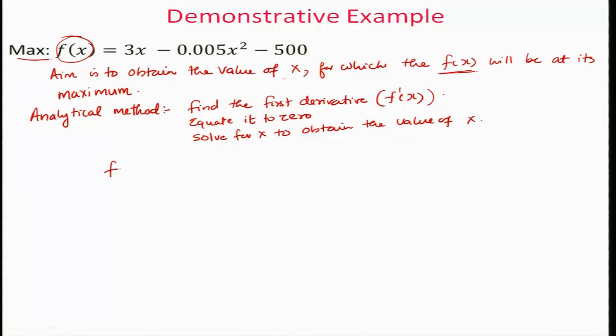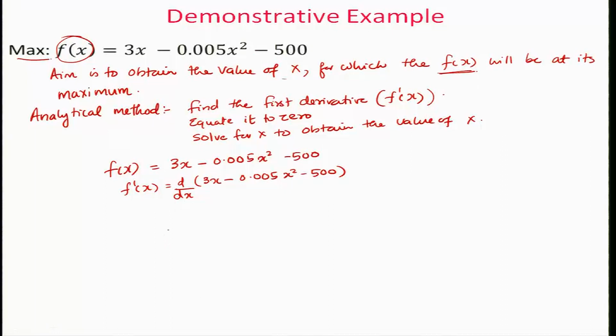So, your f of x is equal to 3x minus 0.005 x square minus 500. So, the f dash x, the first derivative, equal to d by dx of 3x, this is your y, okay, 0.005 x square minus 500.